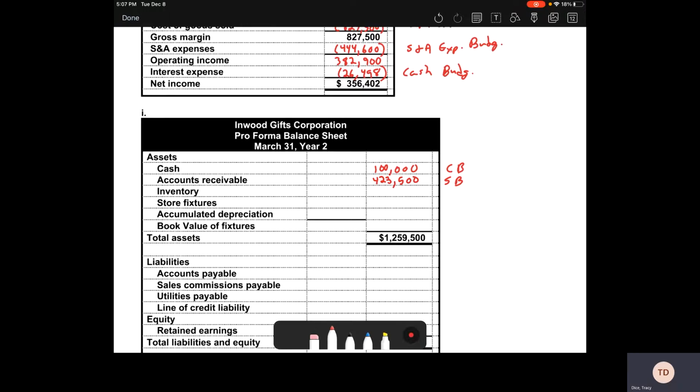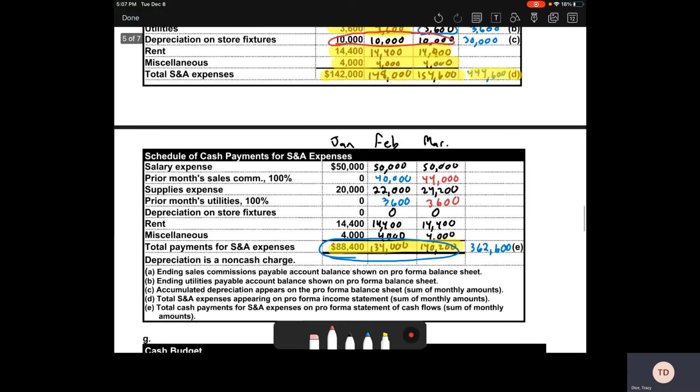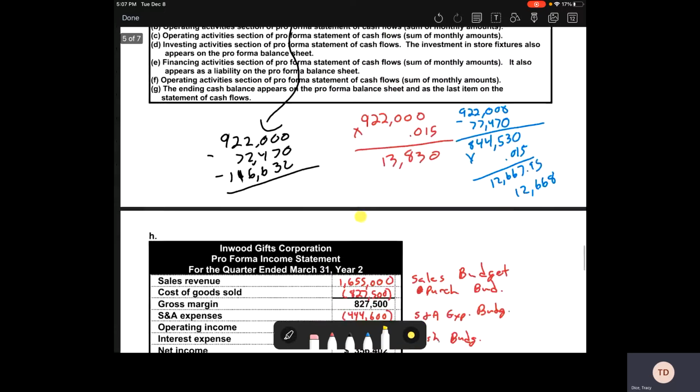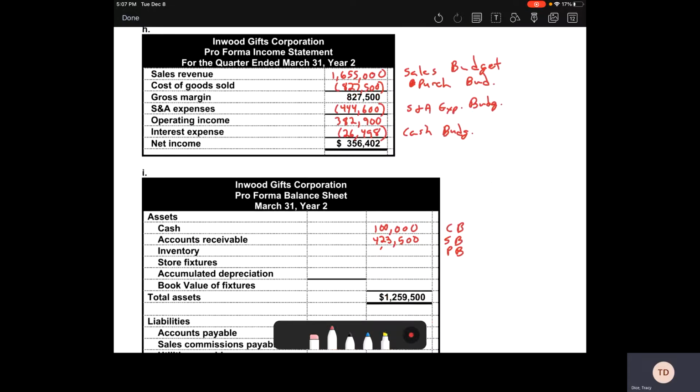Inventory is going to come from our purchases budget. We go up to our purchases budget. This is why we do them in this order, and they're all connected. Our total inventory is going to be part B right there, 66,000. That's what we desire to have in our inventory at the end of March.